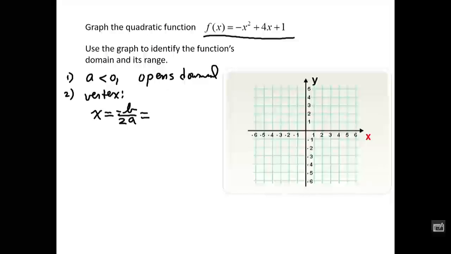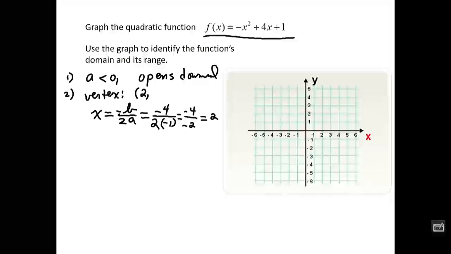This is minus b, which is 4, over 2 times a. A is a negative 1. So 2 times a negative 1, simplifying, I have a negative 4 over a negative 2, which is 2. So the x-coordinate of the vertex is going to be 2.